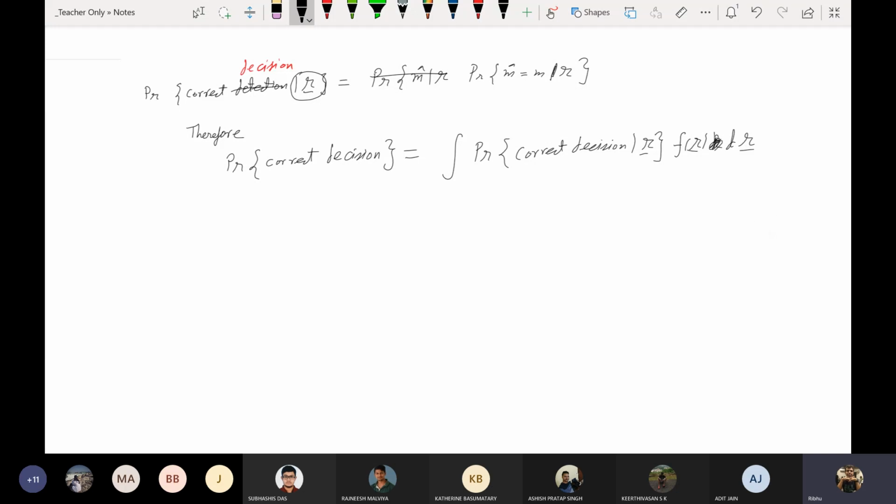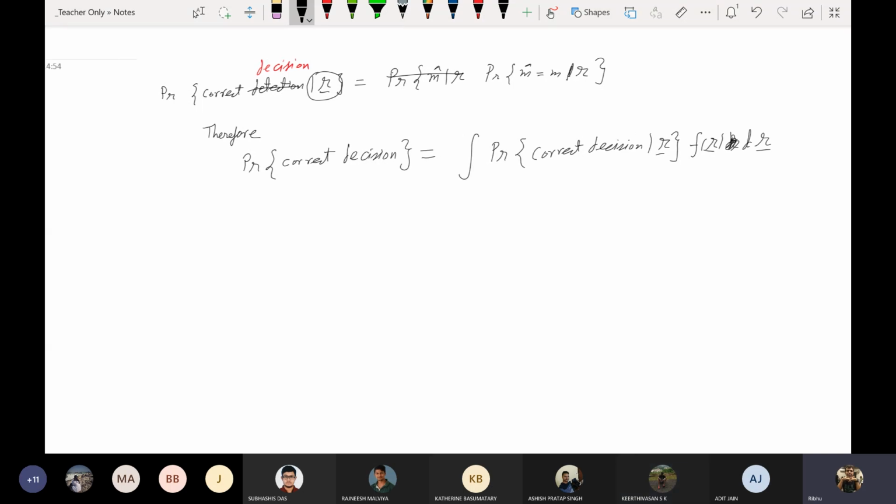Now this makes sense, I believe. Yes, sir, now it's fine. This is where we fumbled yesterday. So I skipped this step, and while skipping this step, I made an error. So m hat equal to m. Fine.